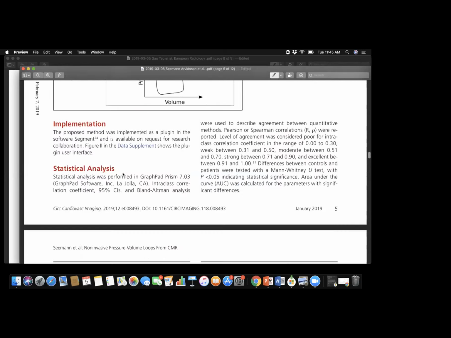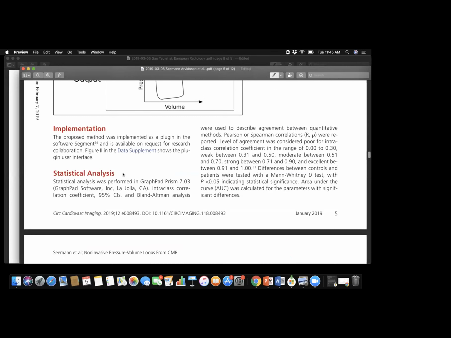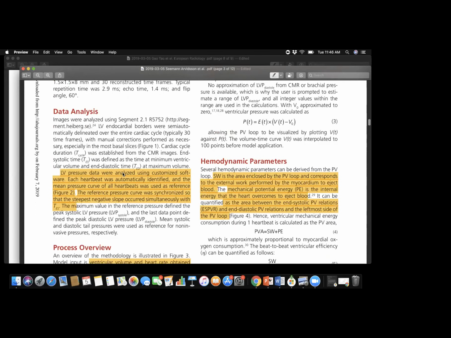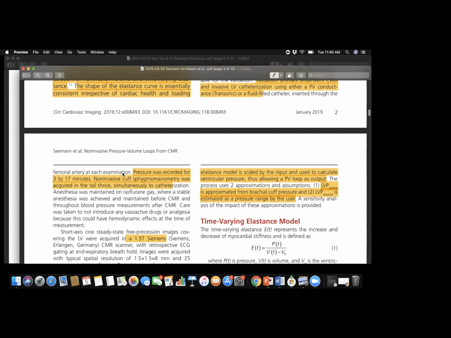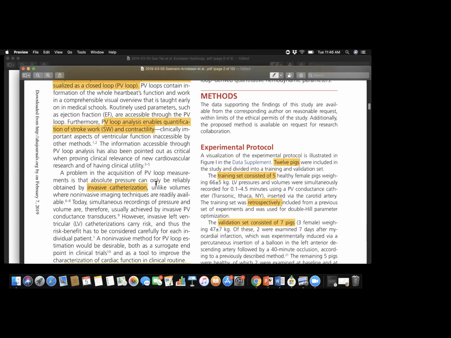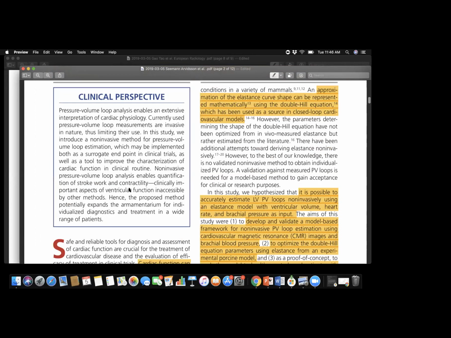The problem with it is that you need invasive assessment of your volume and your pressure to have the loop. So the aim of this study was basically to see if this can be done non-invasively. One way of estimating the pressure is by calculating the volume and the time-varying elastance. With the elastance, using different equations, they use the double Hill equation here to estimate this.